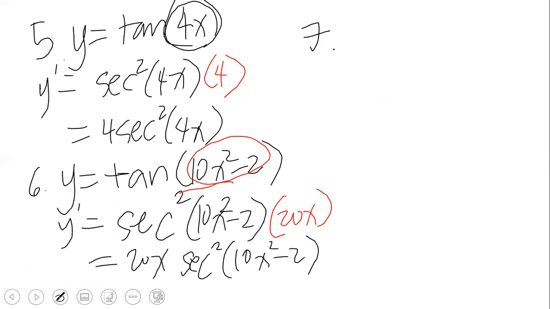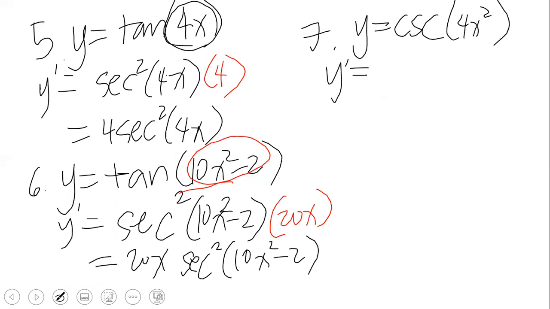Let's have number 7. For number 7, you also have y equal to cosecant yung angle na 4x squared. So differentiate natin y prime. That will be, the derivative of cosecant is negative cosecant angle 4x squared cotangent 4x squared.